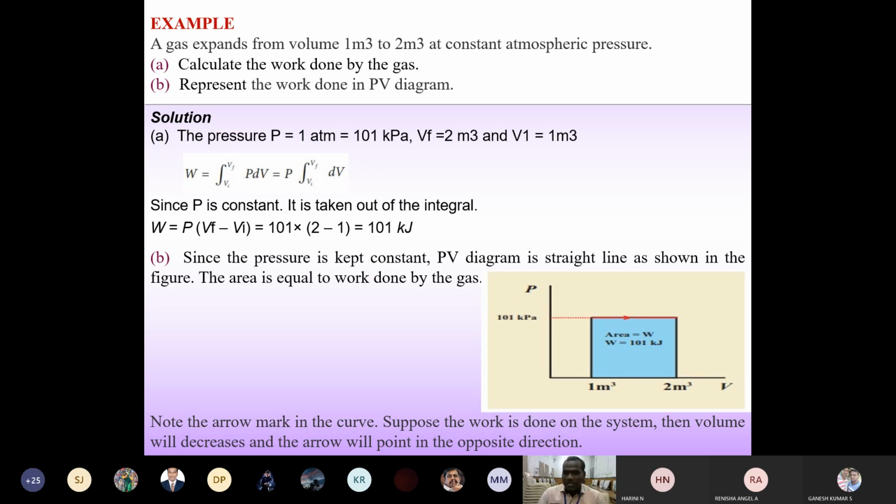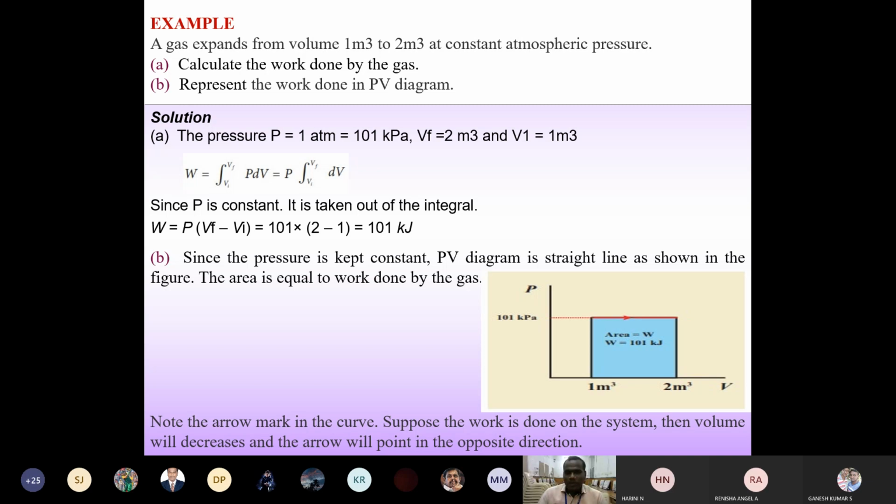To find the area of this rectangle, we just multiply the length and the breadth. So we have 1 into 101 kilojoule. So we have 101 kilojoule of work. So we have equal values in both cases.